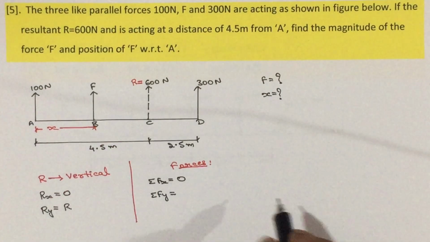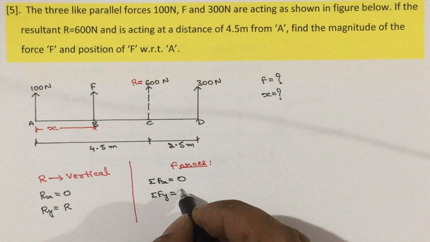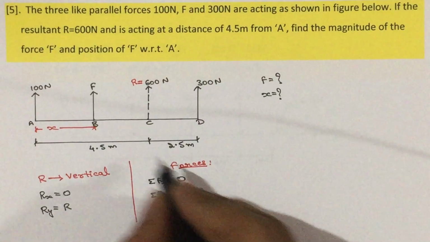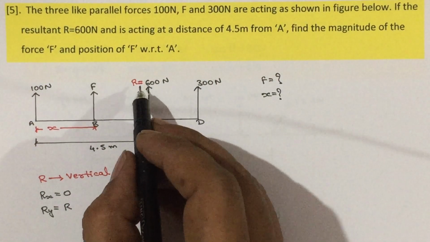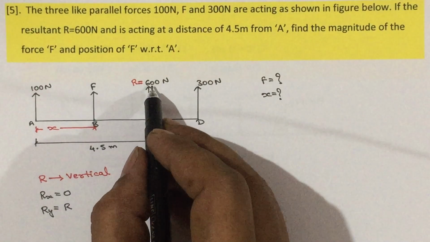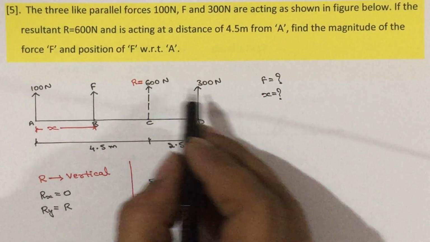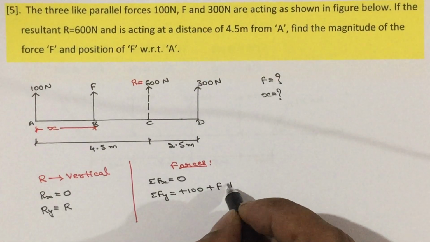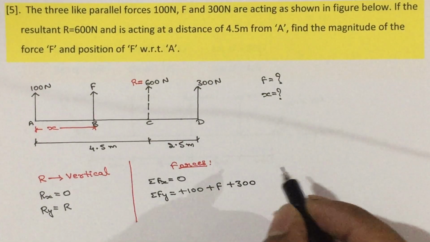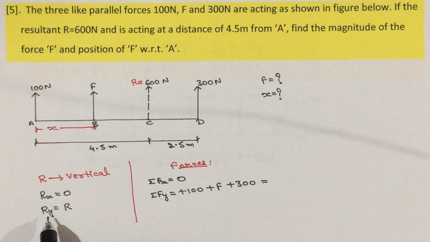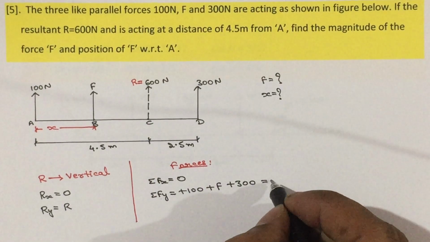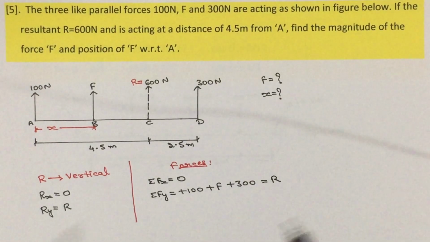Here it is going upwards, so plus 100, then plus F. Then don't take the resultant force; we need to consider only the normal forces. So then it is plus 300. This sigma Fy should be equal to Ry, and we got Ry as R. So substitute.